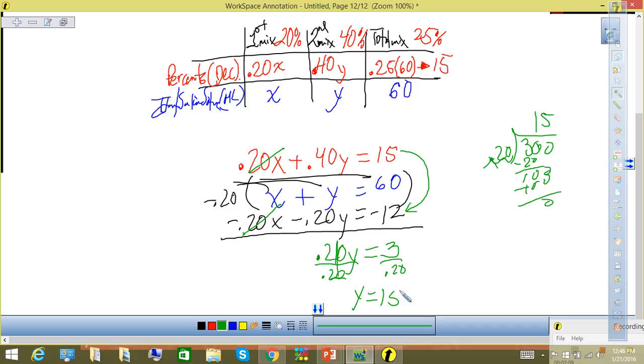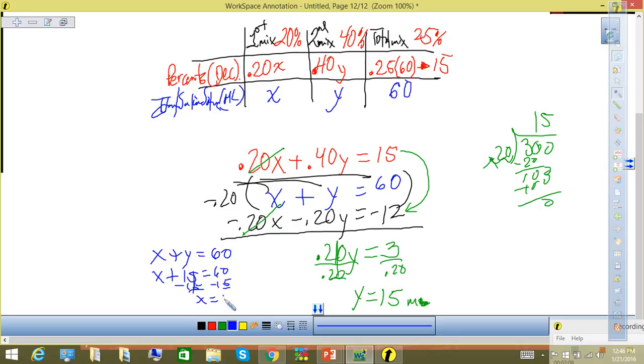15 what? Tell your neighbor, please. Milliliters. 15 milliliters. So let's use our other type of equation, x plus y equals 60. But now we have a value for y, so it says x plus 15 equals 60 minus 15.